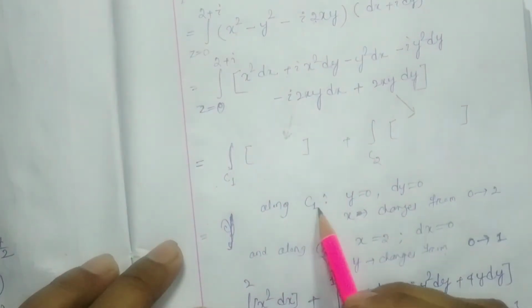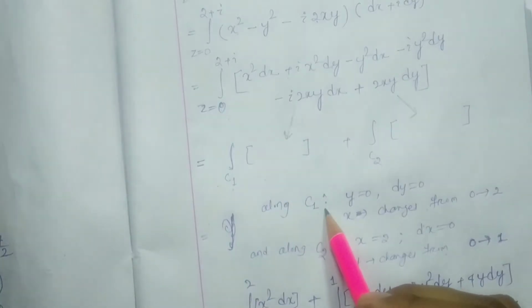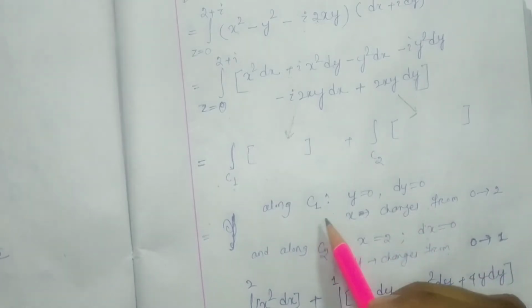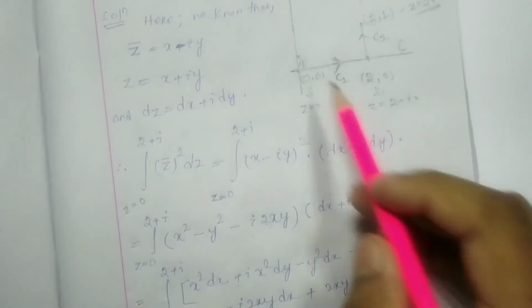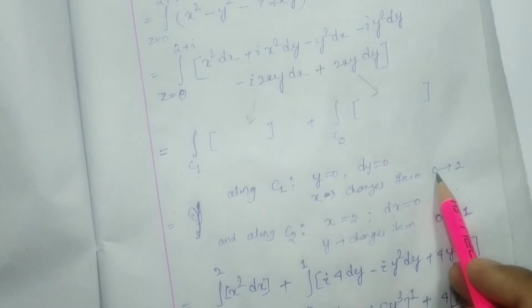Along C1, we first find out what changes and what is constant. Along C1, y is equal to 0, so obviously dy equals 0, and x changes from 0 to 2.